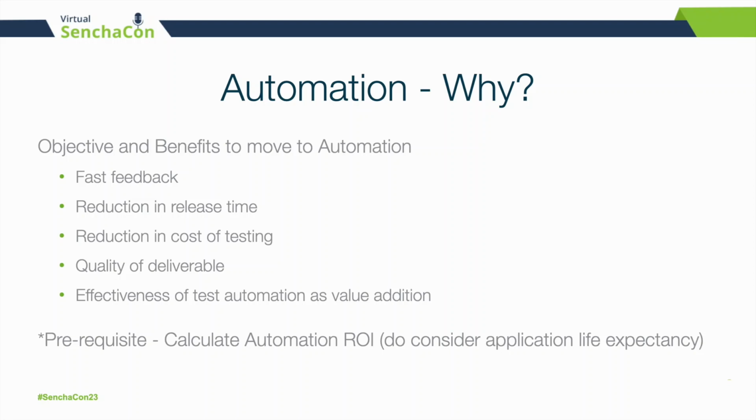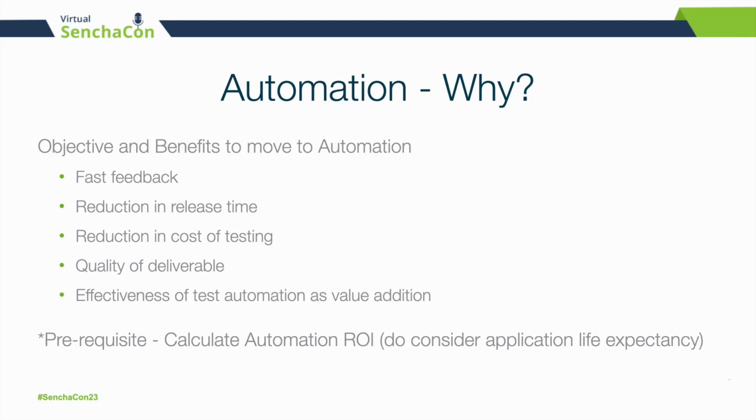Thus, it saves a huge sum of money. And the quality of the deliverable is also high when the manual intervention is very less. So the manual error, or the human error, is negligible.